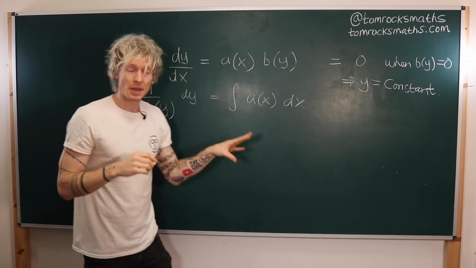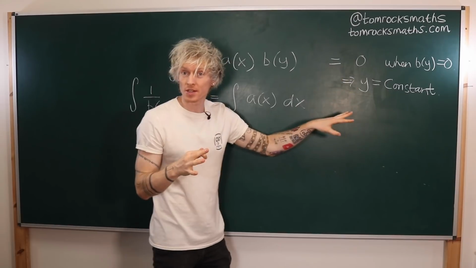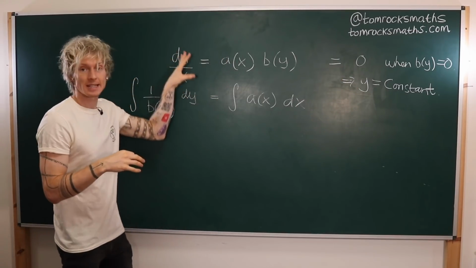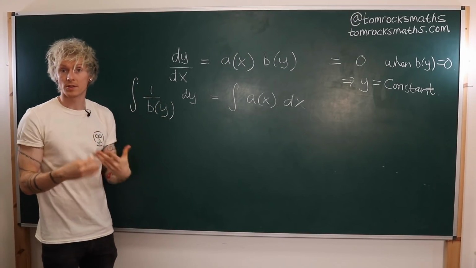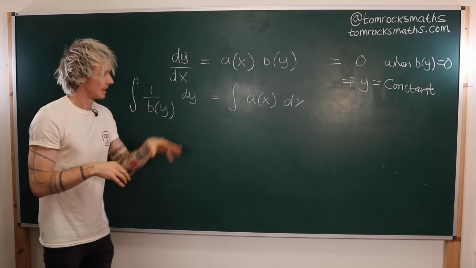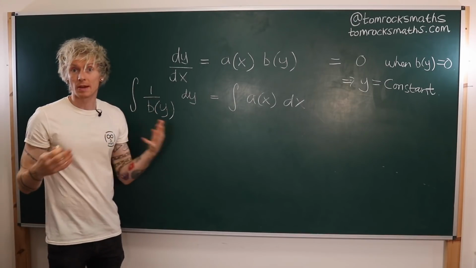So if b of y is 0, the solution is just y equals constant, because a constant differentiates to give 0. If b of y is non-zero, which is what we're going to assume from now on, then we proceed like this and we integrate both sides.